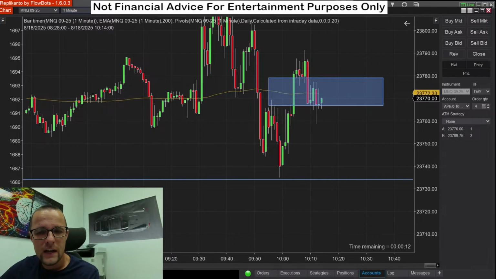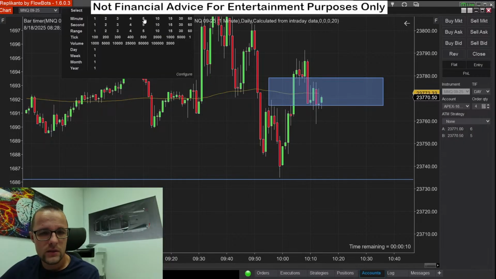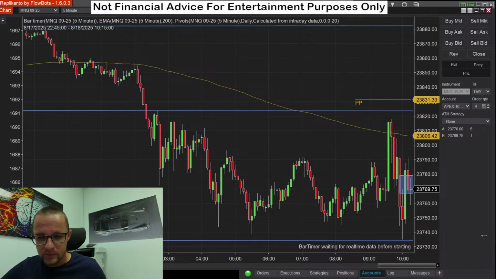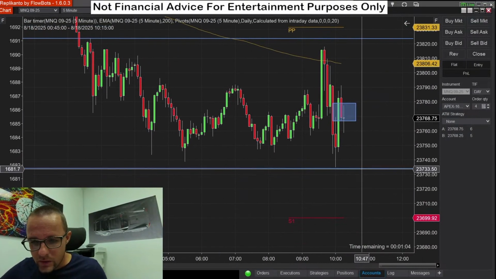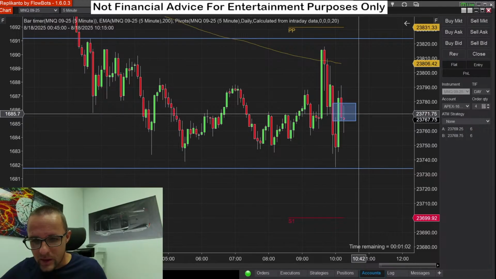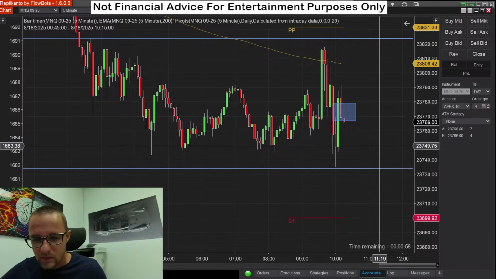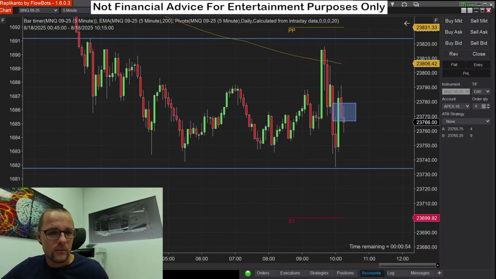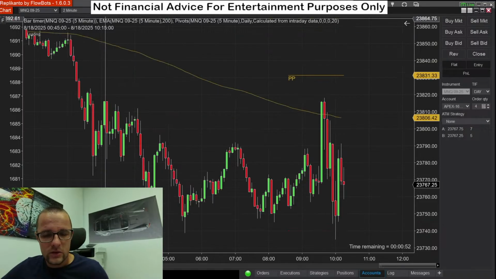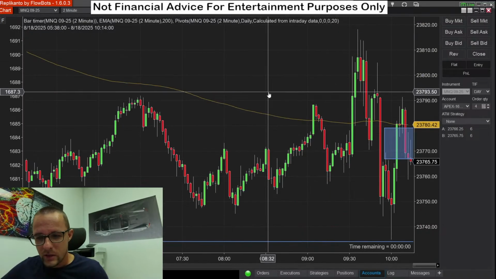If you look on the 5-minute chart, right? Let's see what we have. I haven't looked on the 5-minute chart yet. On the 5-minute chart, we don't really have any gaps. We had a little tiny gap here, but on the 2-minute chart we have more gaps.